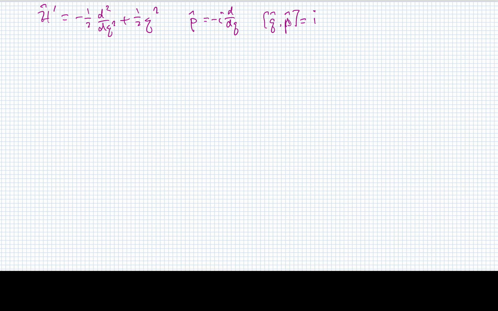But what I want to do now is something that's, I think, really fascinating, and it alludes to the algebraic operator approach to solving the Schrödinger equation for the harmonic oscillator.